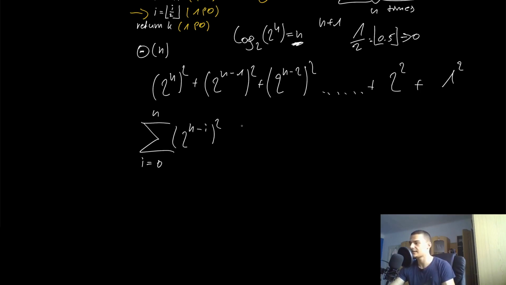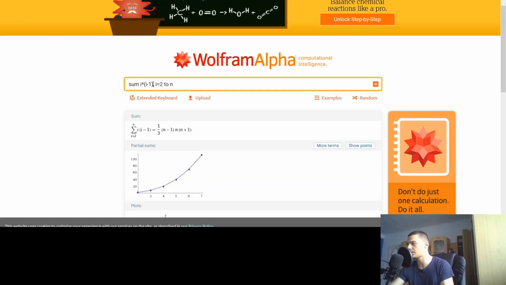And then we take the result and square it. And this is the exact thing that we need to look at, so we're going to type it into Wolfram Alpha again. We have 2 to the power of n minus i, and the result squared.